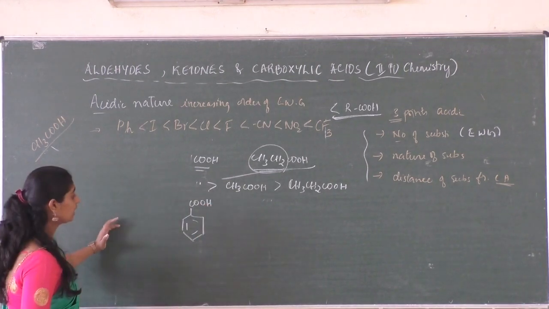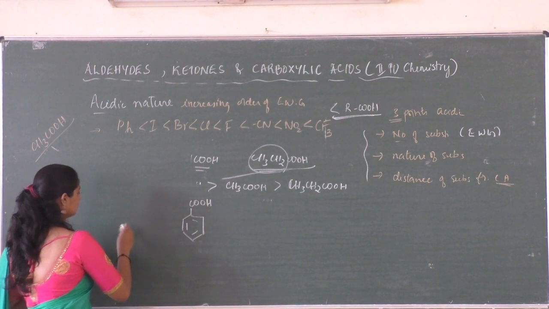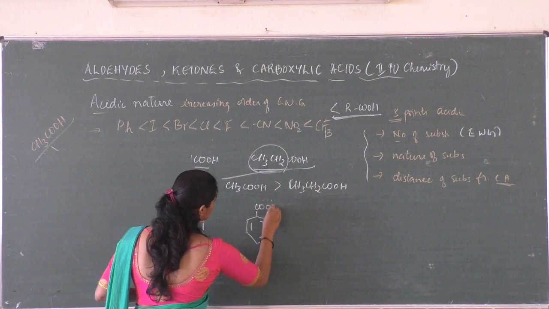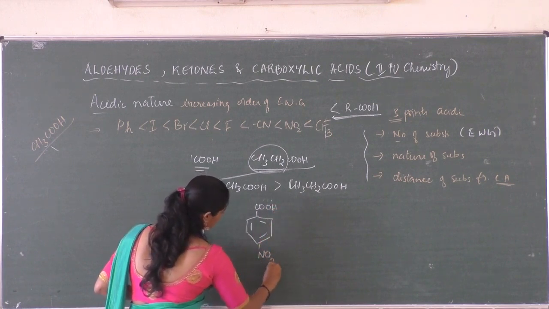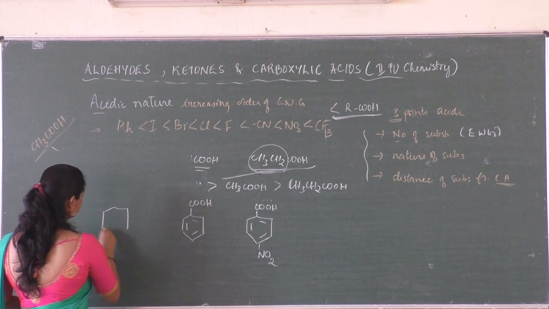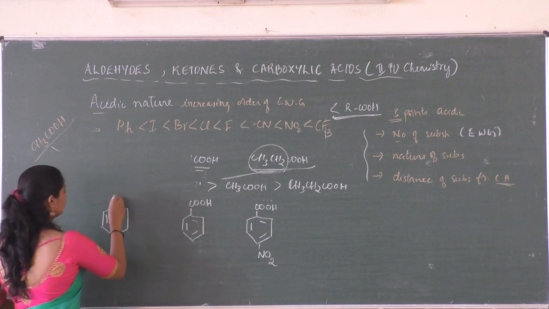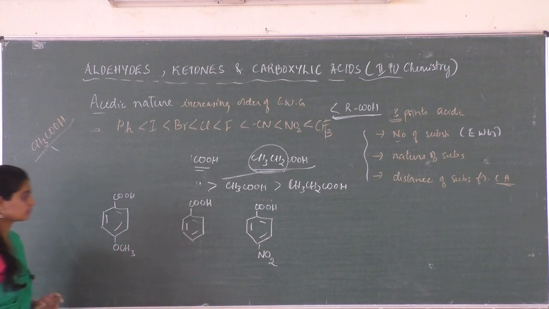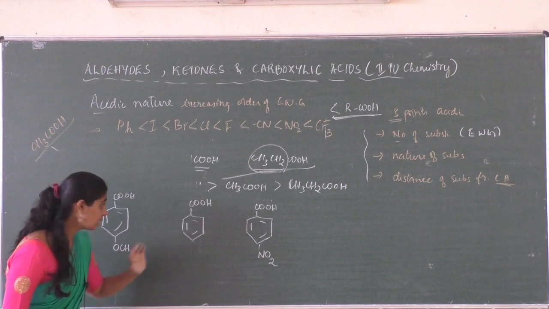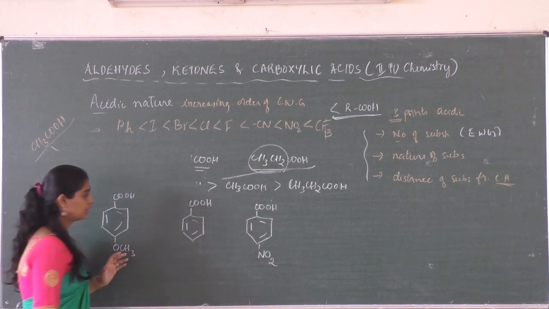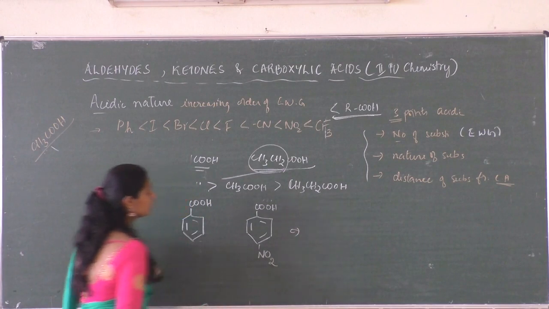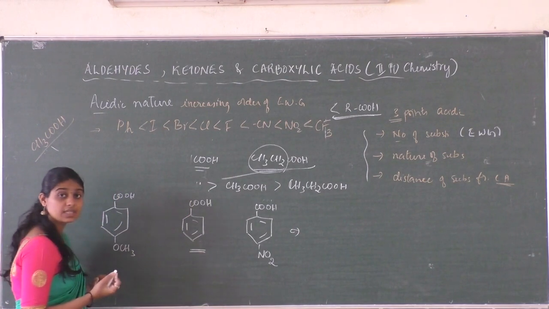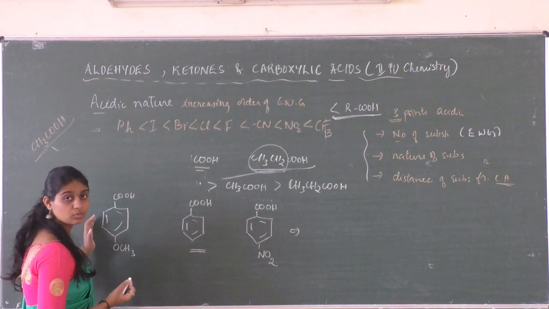The same, when we attach an electron withdrawing group, let me say a nitro group, and let us consider an electron donating group such as methoxy. In these three compounds, if we need to express the increasing acidic strength, this will have higher acidic strength compared to that of this molecule.